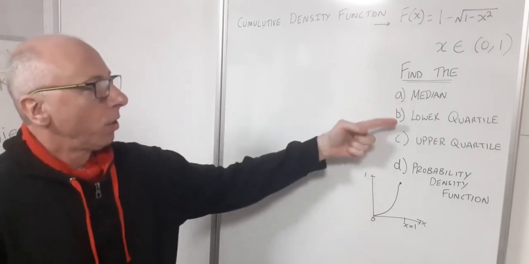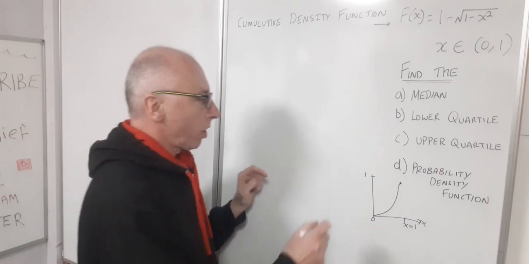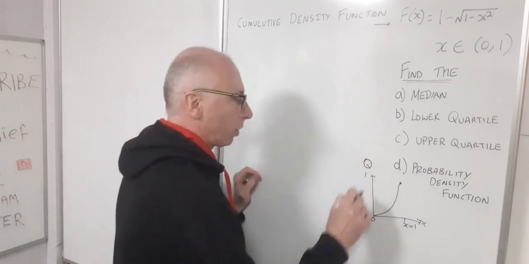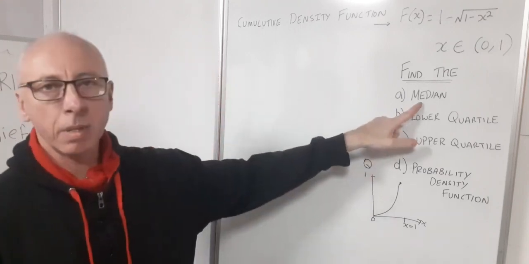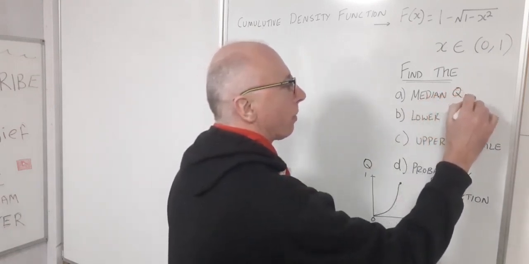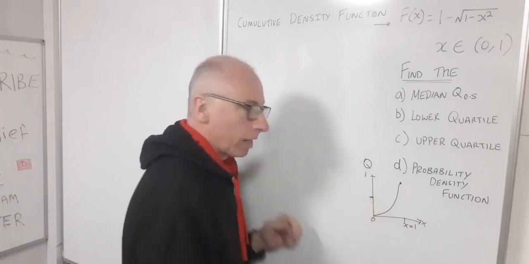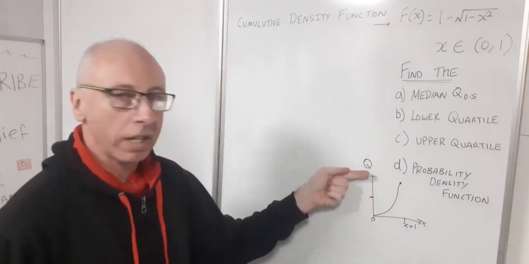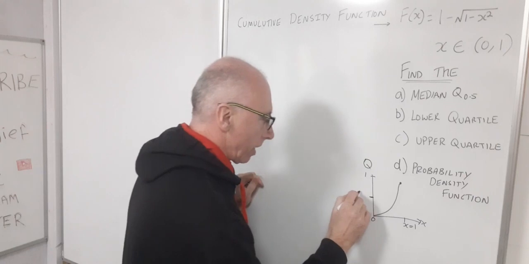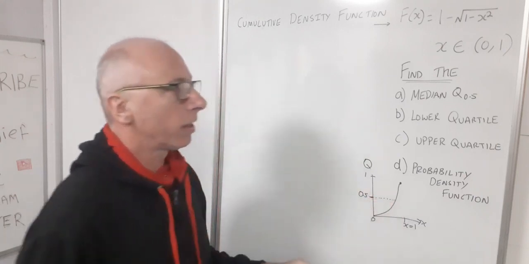So for our median, lower quartile and upper quartile, we want our quartiles. For example, our median is the Q of 0.5. So what we're looking for is when our y-axis, or here our quantile axis, is at 0.5. That will be our quantile there.